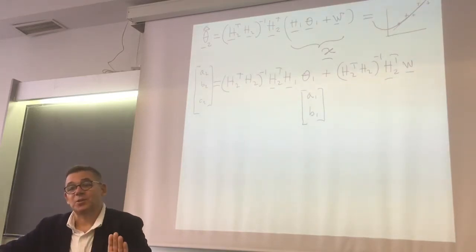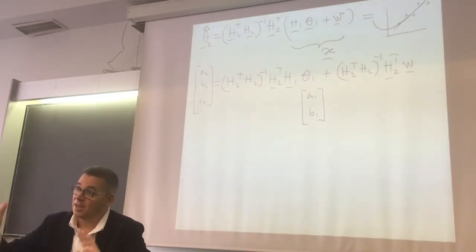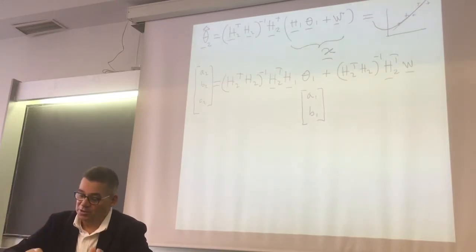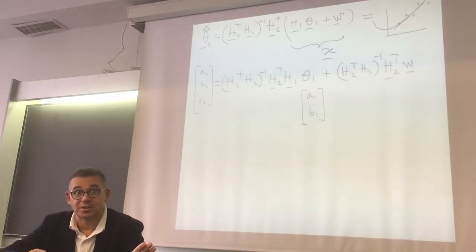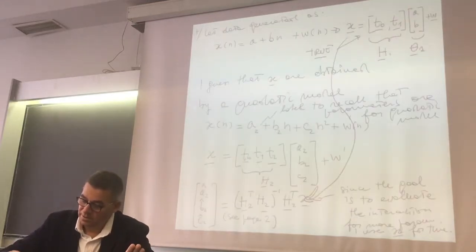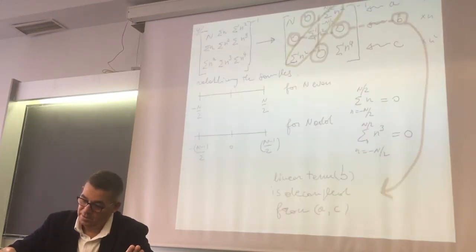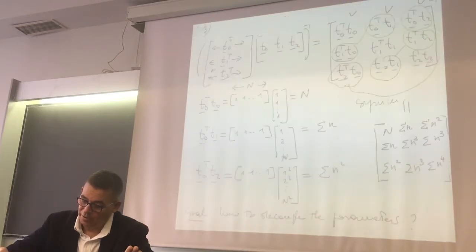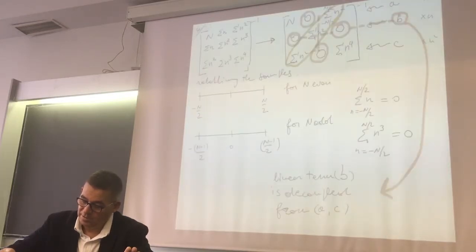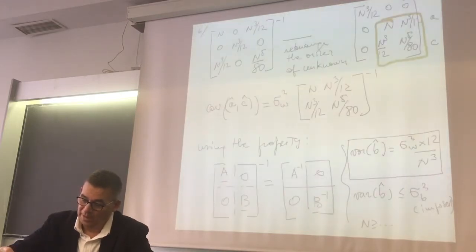Now what we do is we organize the data to be symmetric, which means our samples are between plus and minus. For this reason, I take H2 transpose H2 as C, page 4 up to page 6.